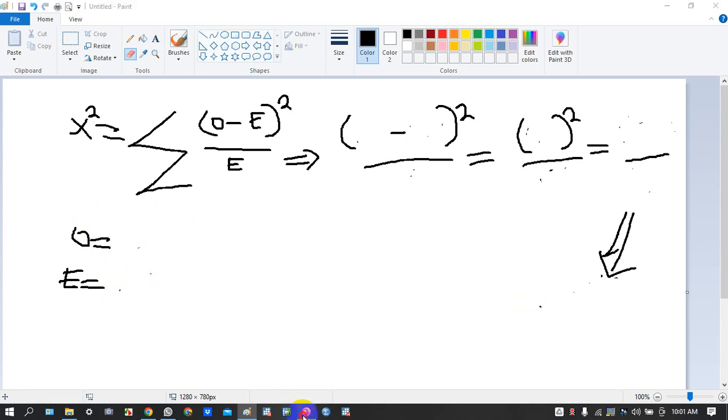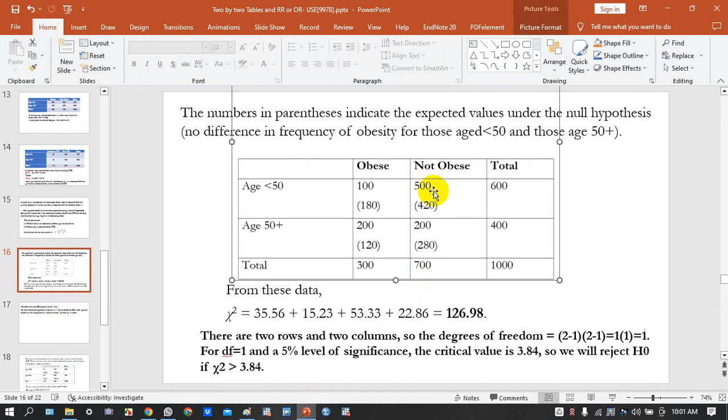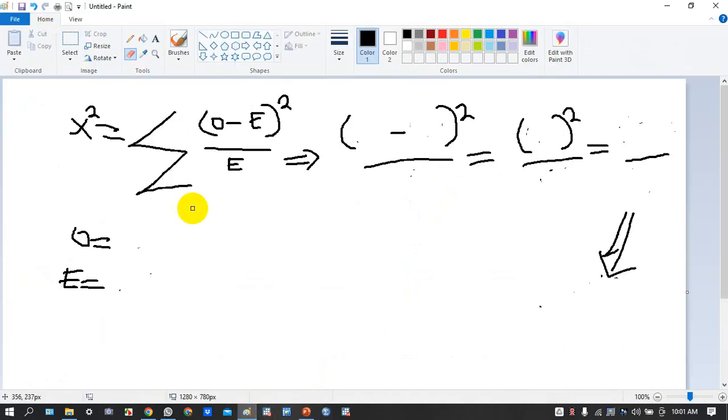Okay, so let's see. 500 is the observed, and what we expect, or the null hypothesis, is the 420. So observed is 500, expected is 420.